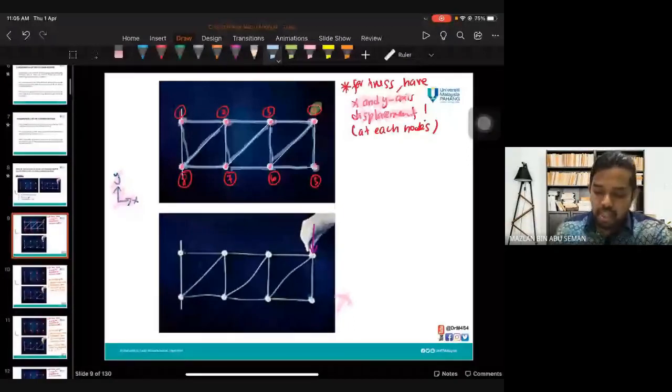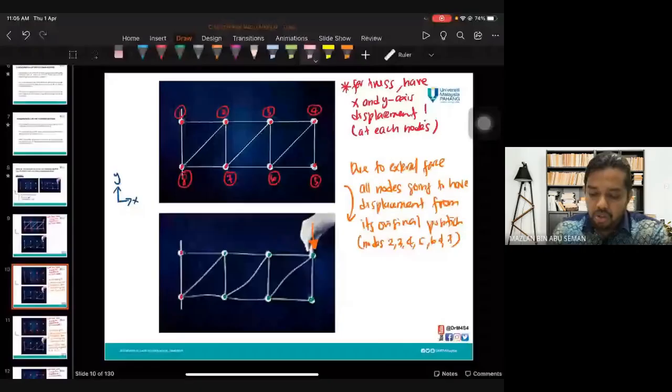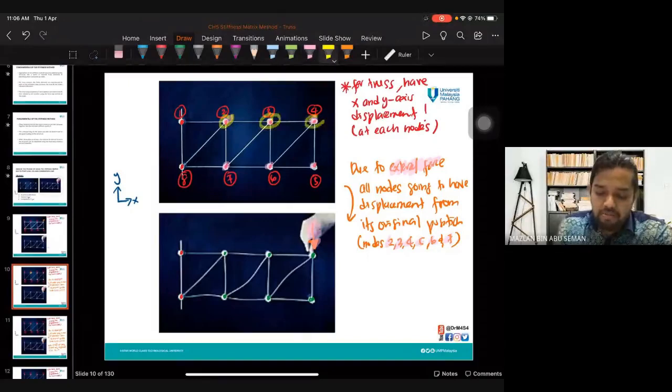Due to this external load, all nodes are going to have displacement from their original position. So this is the original position. Due to this load, you're going to have displacement at nodes 2, 3, 4, 5, 6, and 7, respectively.